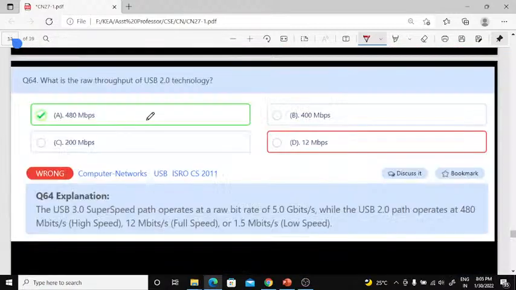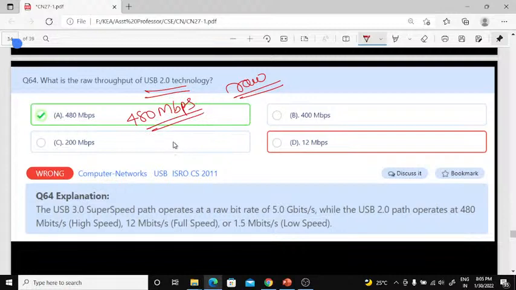What is the raw throughput of USB 2.0 technology? The raw throughput of USB 2.0 technology is 480 megabits per second.